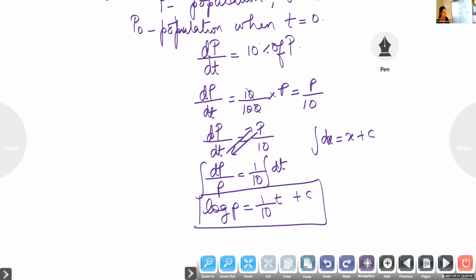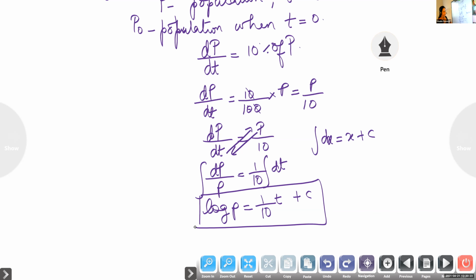What is asked here? We want to find the time, after how many years the population will become 4 times the current population. So log P is 1 by 10 into T plus C. Now apply the conditions.